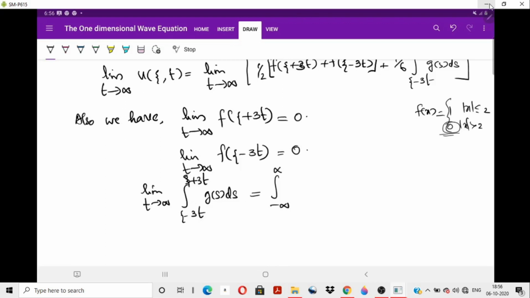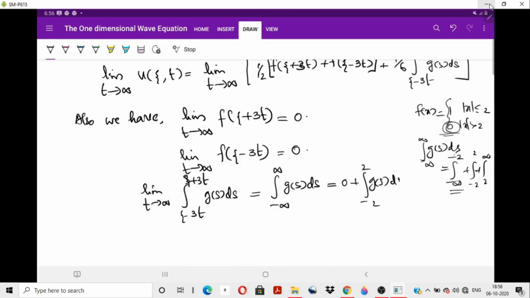So this is equal to the integral from minus infinity to infinity of g of s ds, which we can split as minus infinity to minus 2, plus minus 2 to 2, plus 2 to infinity. The only thing remaining will be the interval minus 2 to 2, because in the other two intervals g of x is 0. So this is 0 plus the integral from minus 2 to 2 of g of s ds plus again 0.